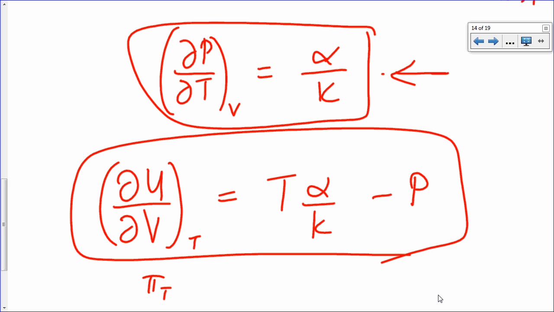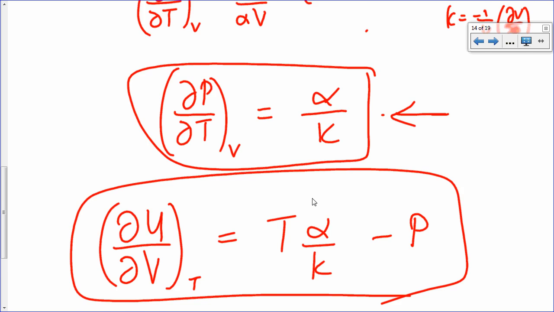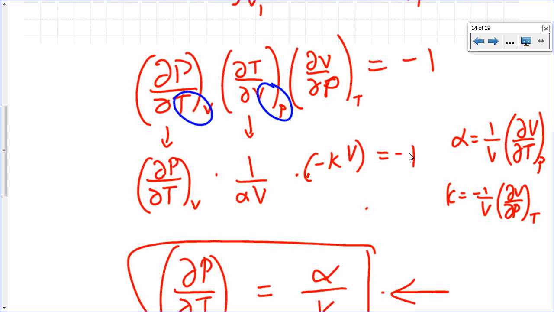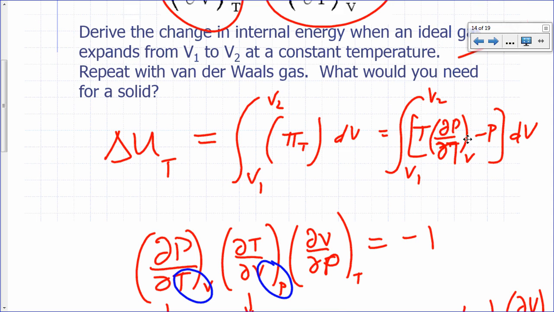So if you're dealing with anything other than an ideal gas, you'll have to look up the alpha and you'll look up the kappa. And you plug that in to see how alpha and kappa are affected by volume at constant temperature. And then that will allow you to calculate your delta U.